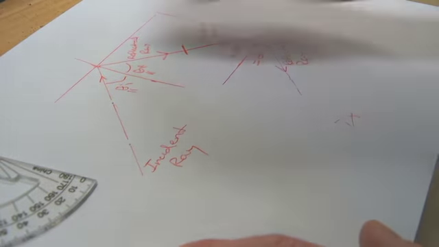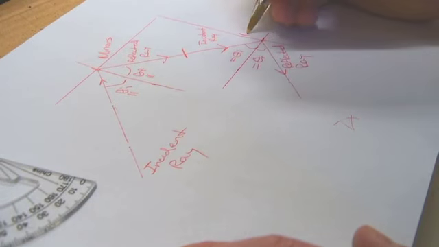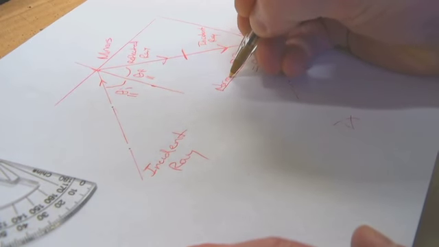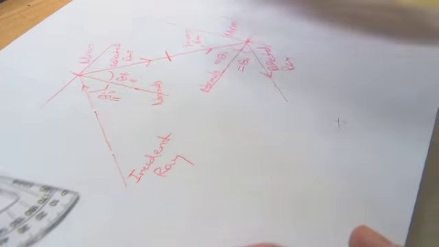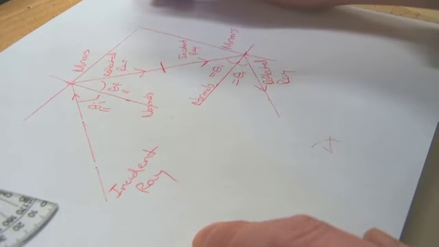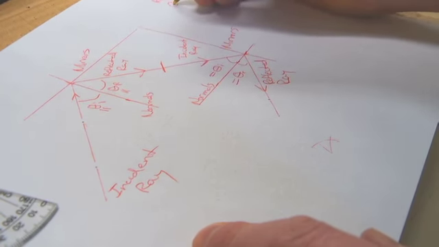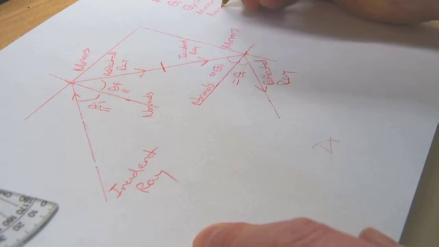Equals, equals, equals, equals. Okay, don't forget to label your mirrors. And also your normals. So you basically have to have your incident ray, your reflected ray, your incident angle, your reflected angle, your mirror, and your normal.